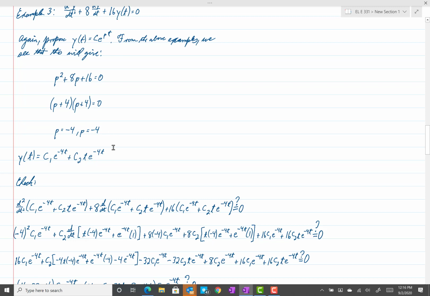But when it gets repeated, then what we have to do is write down again a c, we'll make it c2 e to the minus 4t, but then we have to multiply that by t. If we had a third order differential equation and we had p equals negative 4 three times, if it were a root of order 3, then our solution would be c1 e to the minus 4t plus c2t e to the minus 4t plus c3t squared e to the minus 4t.